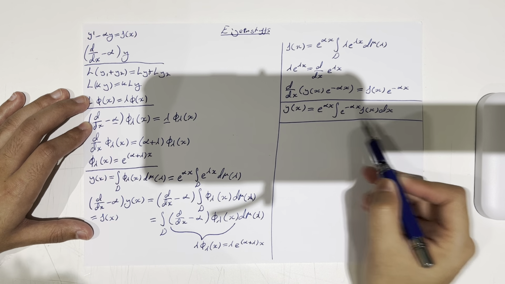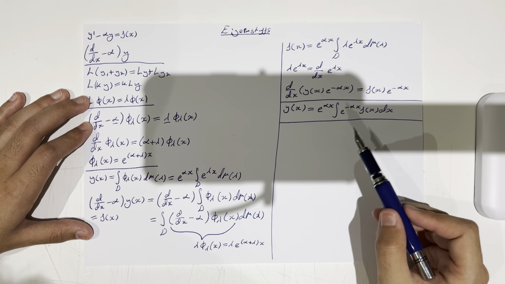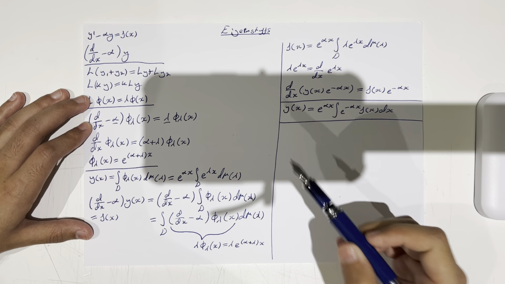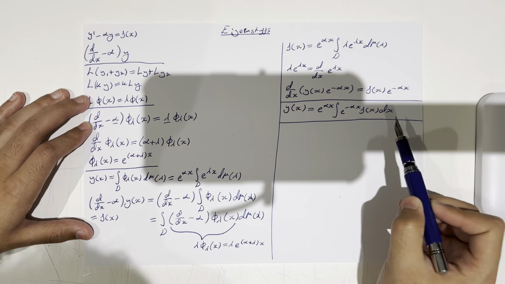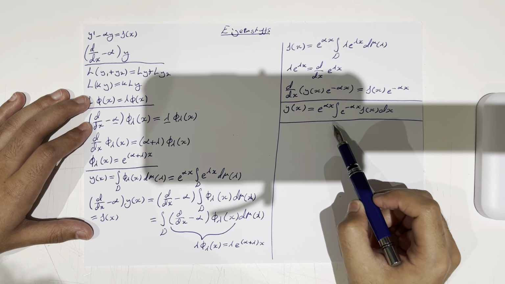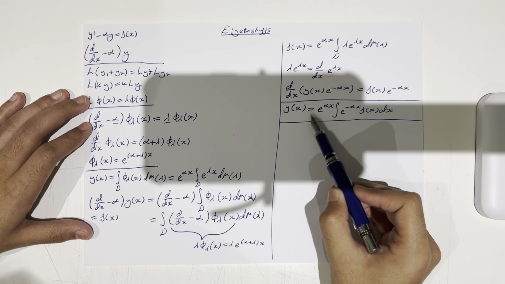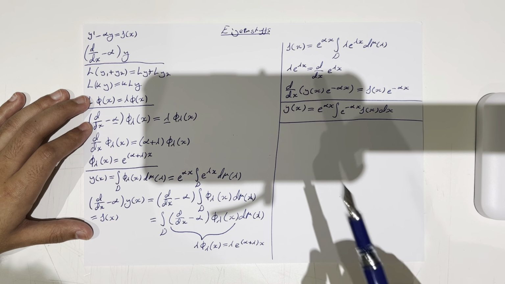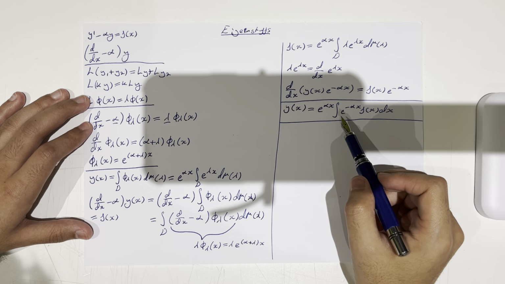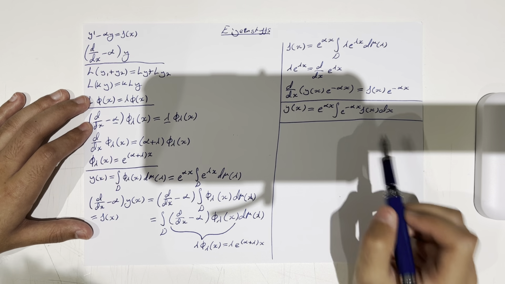Now, I'll note that this looks odd. You've got x outside and you've got x inside. And what I mean by this is that this is the indefinite integral with respect to x. When solving such a differential equation, this must be evaluated first, and a constant of integration will be produced, which will then be multiplied by this e to the alpha x. And so it's very important that this is done first, and there is a way of writing this without having x as the dummy variable inside the integral.